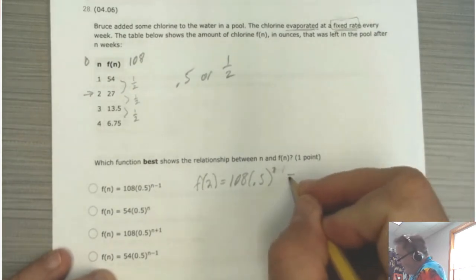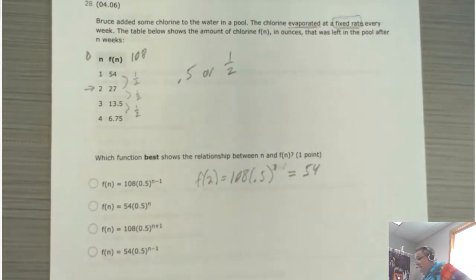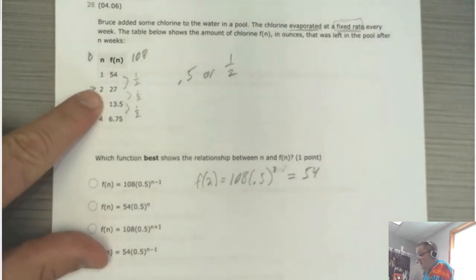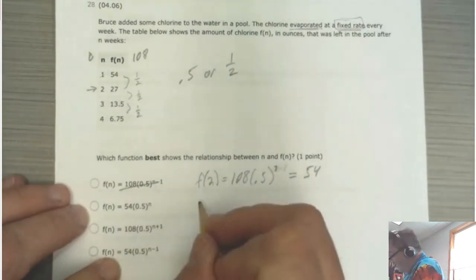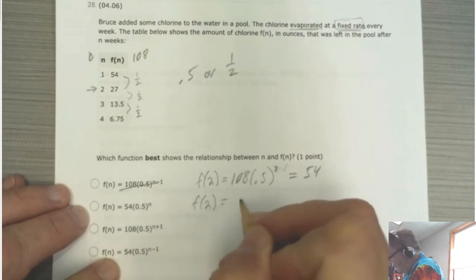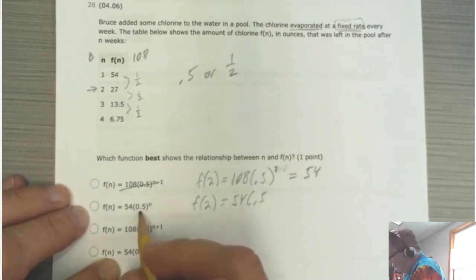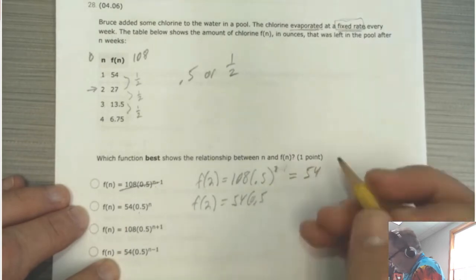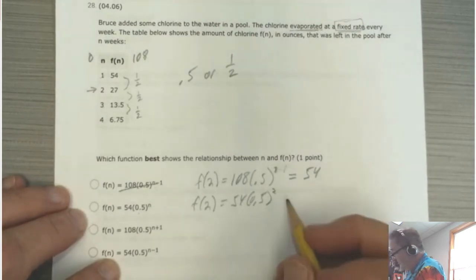So 108 times 0.5 is 54. We didn't have 54 left in week 2. That formula doesn't work. How about this one? f of 2 equals 54 times 0.5 to the n, and our n is 2.